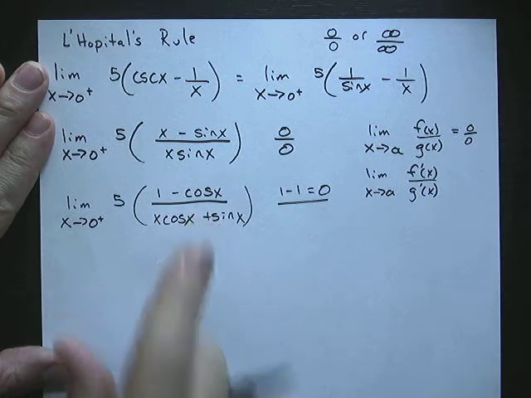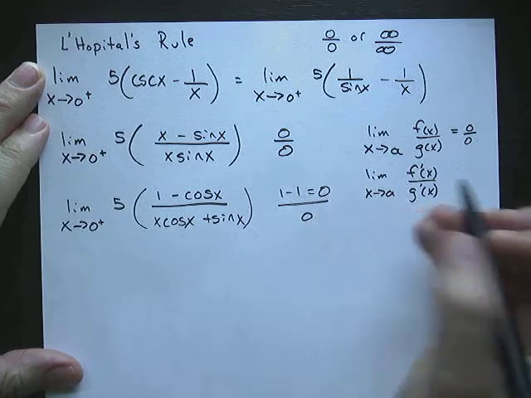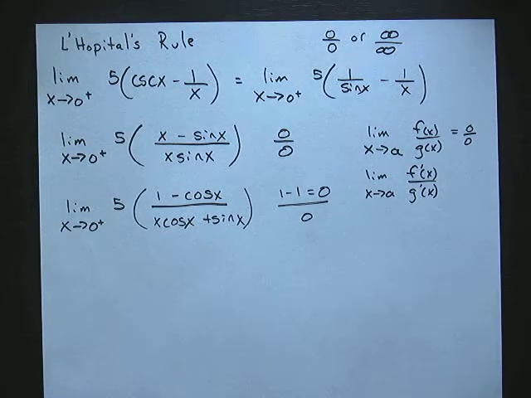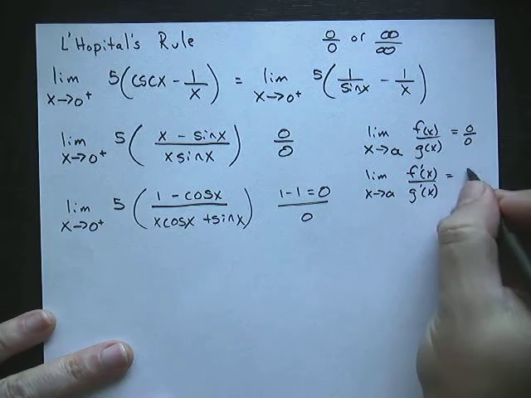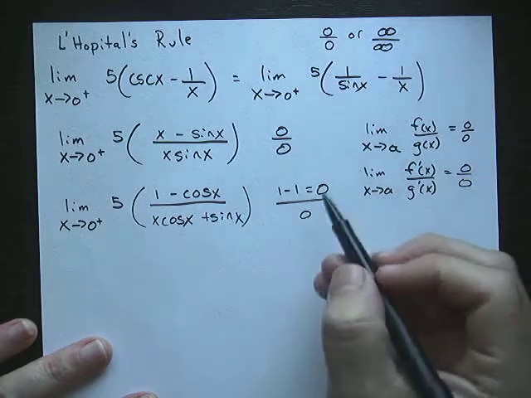And sine of x gives us 0 when we plug it in. So the bottom is going to be 0. So we still get the indeterminate form. So it didn't immediately help us to use L'Hopital's rule. But the good news is we can use it again, because this rule holds true no matter how many derivatives of the top and bottom you take, so long as they keep giving you either 0 over 0 or infinity over infinity. So we can just take this derivative again and try again.